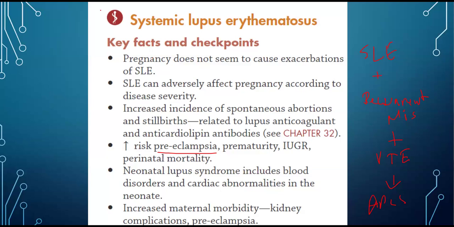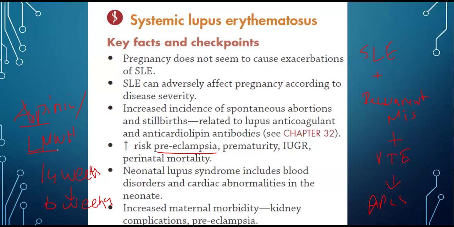So an SLE patient has a high risk of thrombosis. So for an SLE patient who is pregnant, to reduce the risk of venous thromboembolism, you will put this patient on aspirin or low molecular weight heparin from 14 weeks of pregnancy until 6 weeks postpartum.